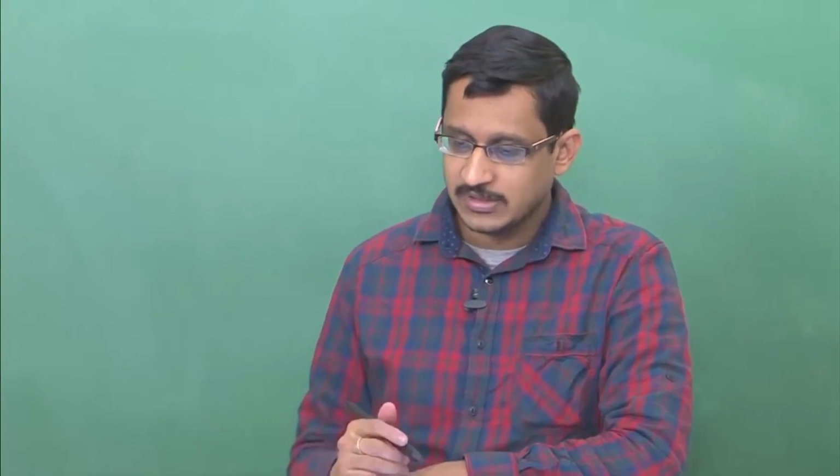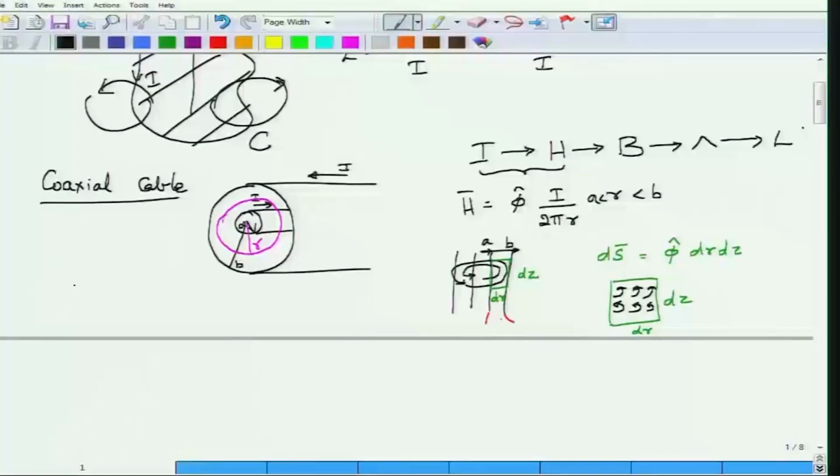Okay. So with that in mind, what would be the flux that is linking per unit length? The flux linkage per unit length, maybe you can call this lambda prime, would be the integral from A to B, because your dr can go at the most from A to B, right. So A to B of I by 2 pi r, and then what would be the surface area?